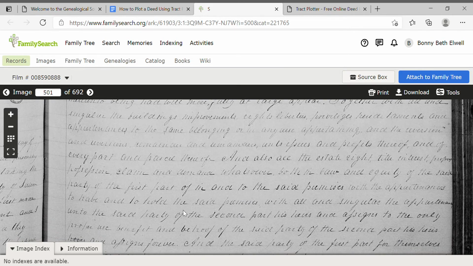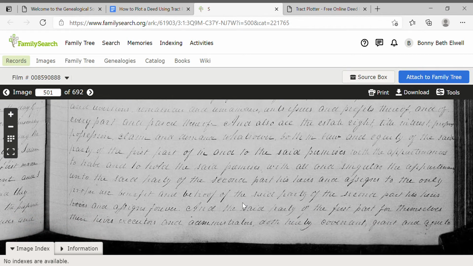Everything having to do with the premises, and it's all being conveyed unto the said party of the second part, his heirs and assigns, etc., etc., and the said party of the first part, their heirs, etc., do grant and agree.